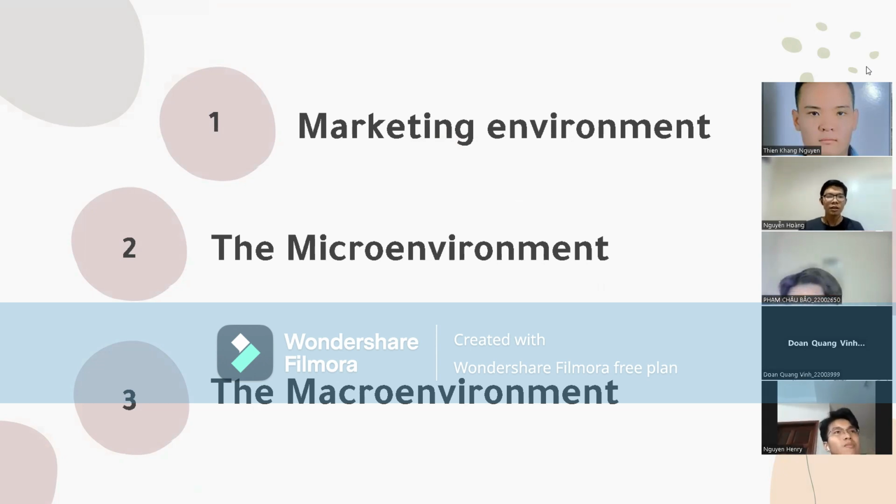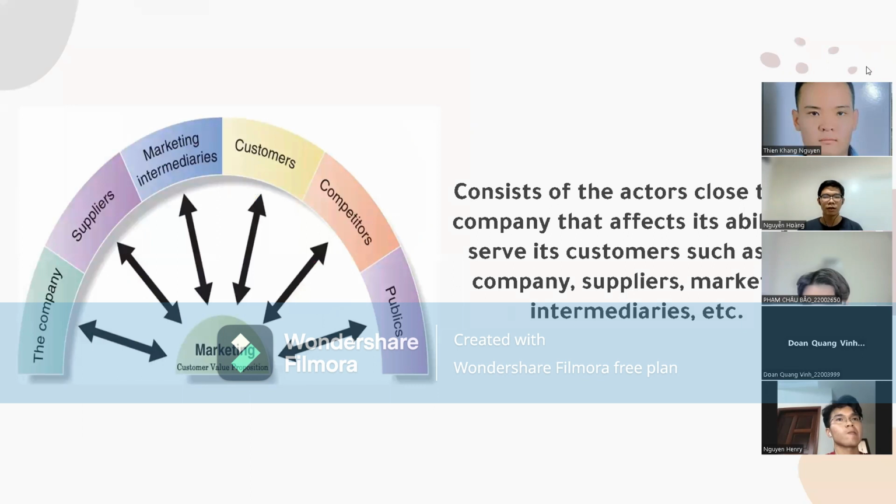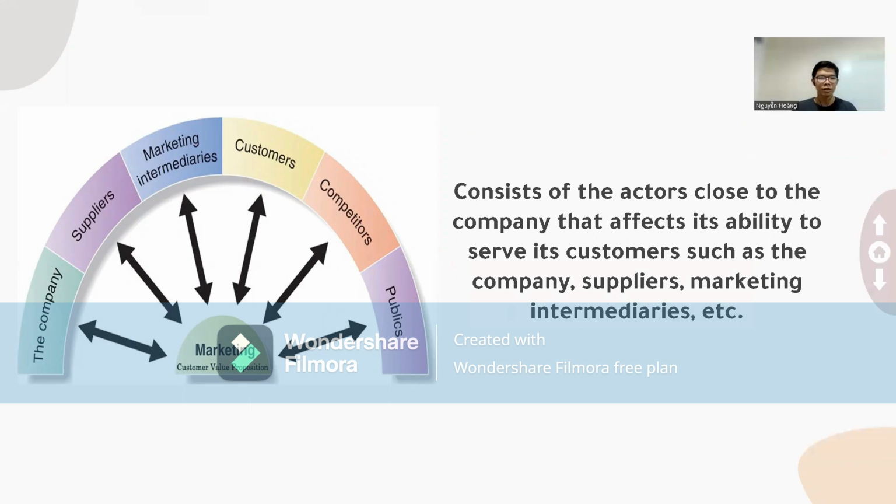The marketing environment is divided into two categories. First is microenvironment. Microenvironments consist of the actors close to the company that affect its ability to serve its customer: the company, suppliers, marketing intermediaries, customer markets, competitors, and publics.